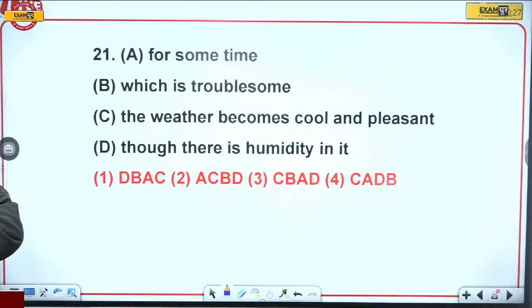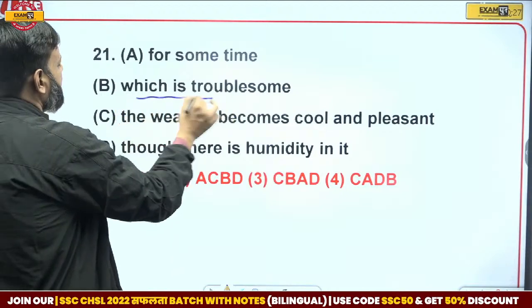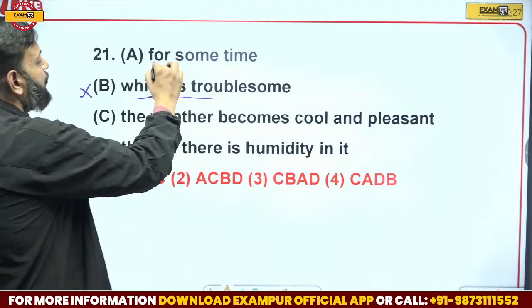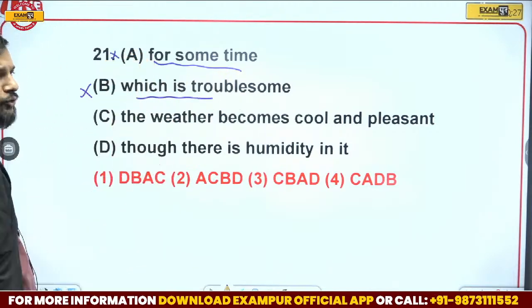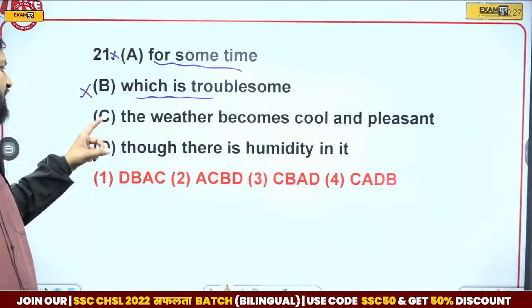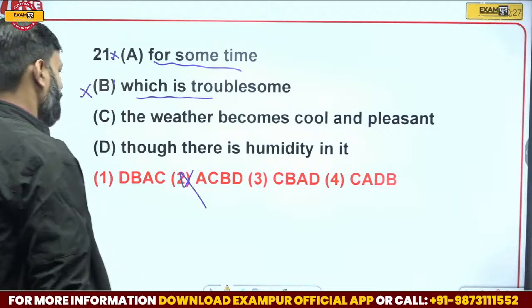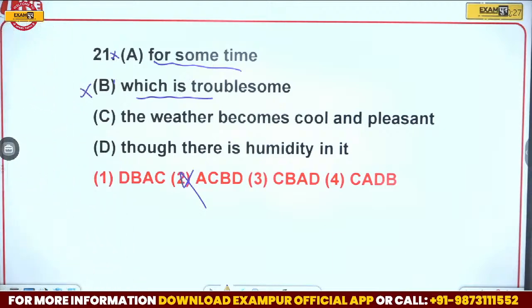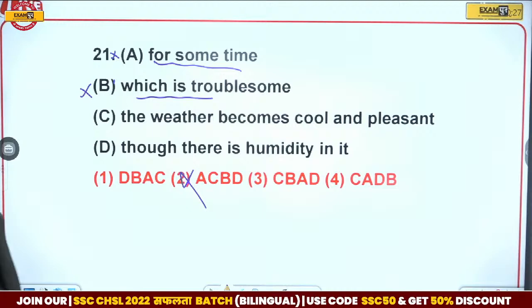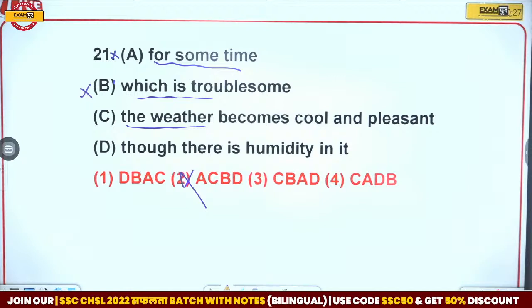See, in this paragraph, which is troublesome cannot be the first sentence, and for some time is also not the first sentence. So now we have two options, either C or D. Eliminate options with A and B. Now, though there is humidity in it, the weather becomes cool and pleasant. So only this sentence has the subject. A sentence has to start with the subject, right? So C is the first sentence.